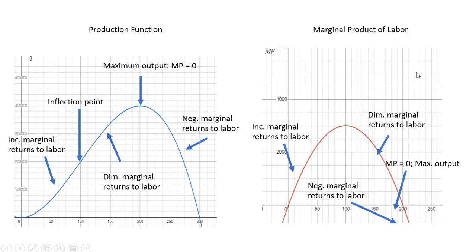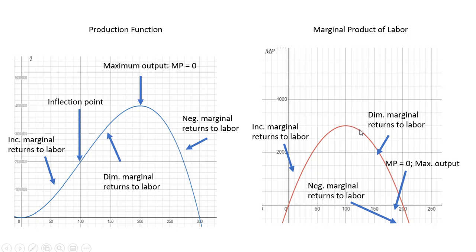And then corresponding to the marginal product of labor, if we derive the marginal product of labor from this production function, we get this inverted U. Over here we have increasing marginal returns to labor all the way up to 100, the inflection point. So marginal product is positive and rising, so we're adding more and more to the firm's output with each additional worker hired in this range.